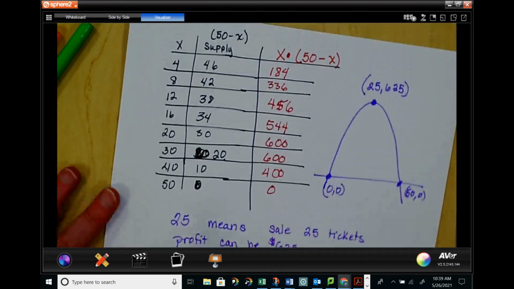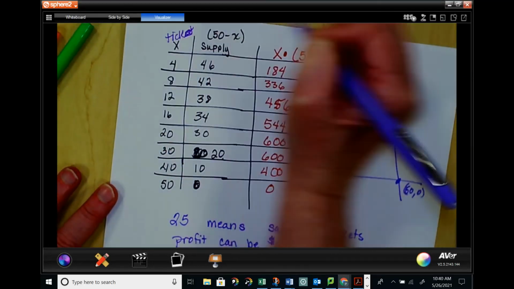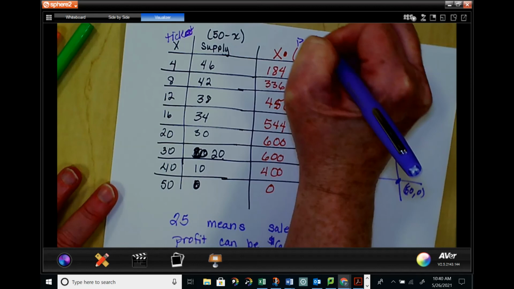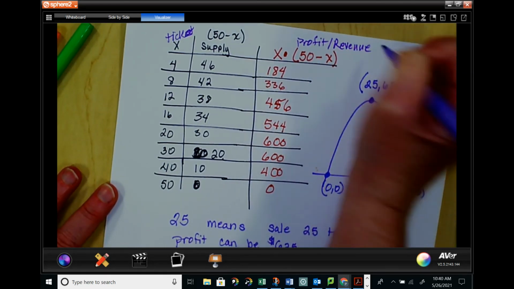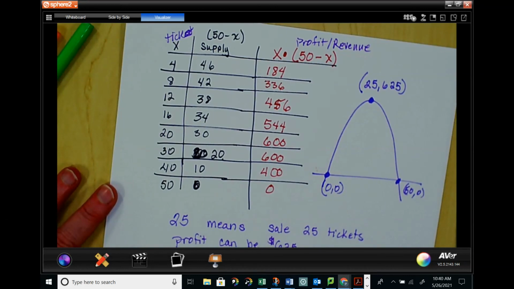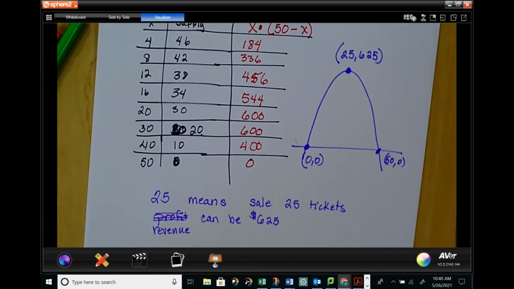So if this was your tickets, this is your profit, revenue. I shouldn't say profit. It would be your revenue. And that's your whole assignment today, is what you're really talking about.